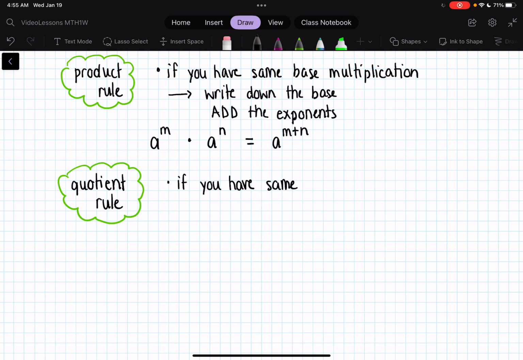So if you have same base division, you write down the base and then you subtract the exponents.